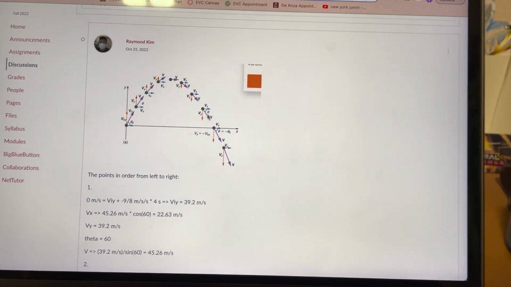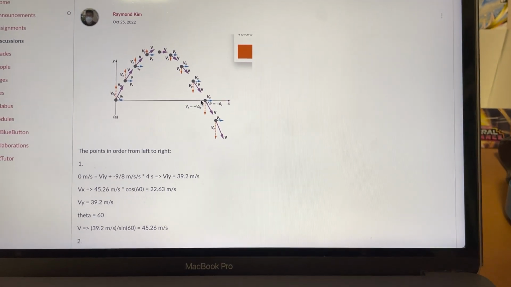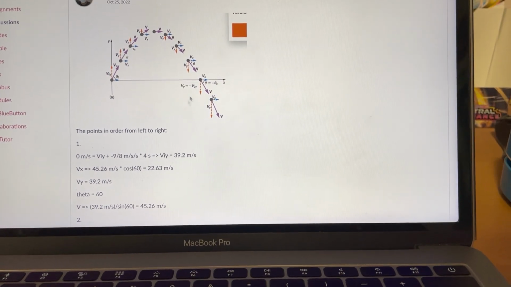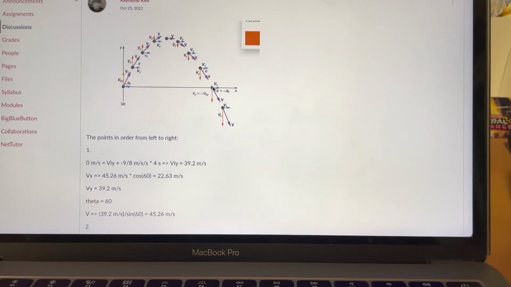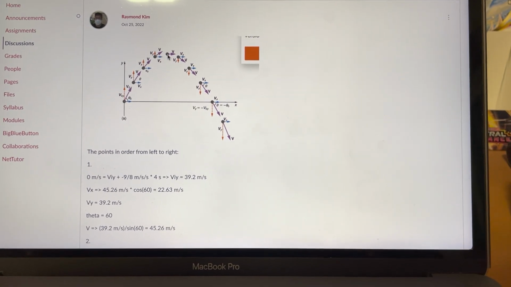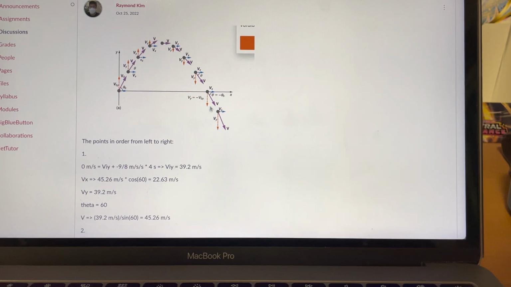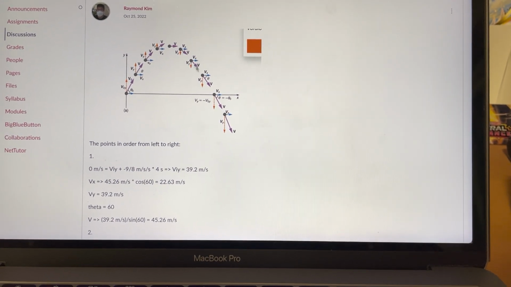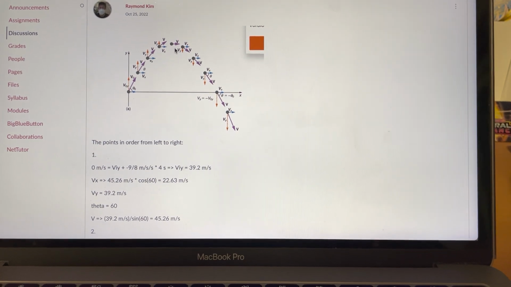And then on the way back down, in order to find that, since I know that the initial velocity here is 39.2, for this one it should be negative 39.2 because of the symmetry. So what I did was I made this the starting point and I made this the final point. So 1, 2, 3, 4 seconds.